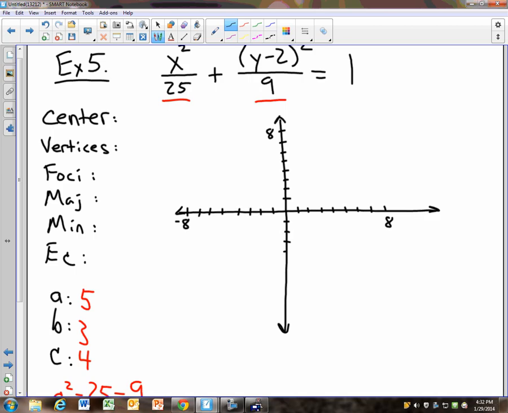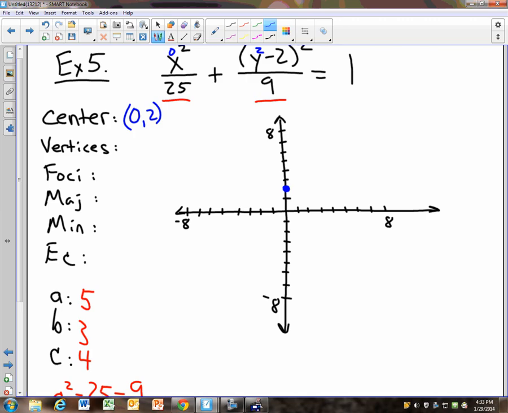What is the center of this ellipse? It's 0, 2. 0 change right here, 2 change right there. 0 horizontal, 2 vertical. That's the center.